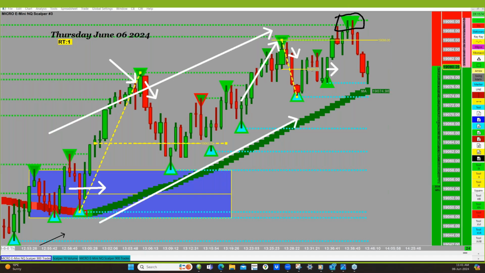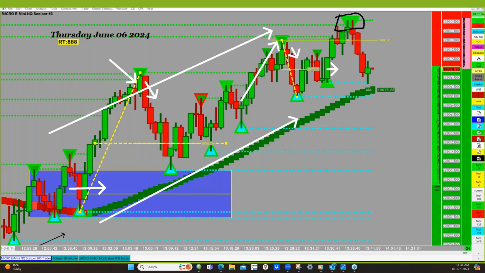So a resistance area. And then the market has moved down. This red candle, the placement of the green, exhaustion, wick at the top. The longer the wick, the more resistance on the upper side. The bears have jumped on it and pushed it all the way down.